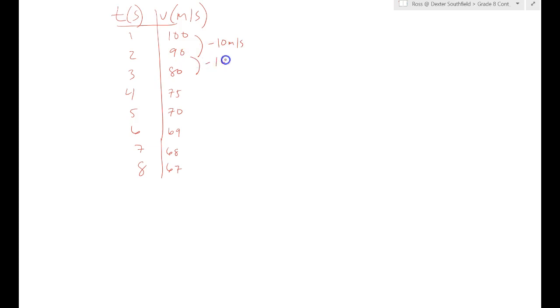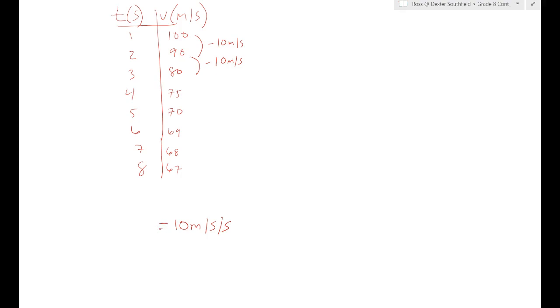They're going down. Our velocities are getting smaller by jumps of 10. So for there, we would write that our rate of acceleration is negative 10 meters per second per second. So we're still accelerating, but we call this negative acceleration or deceleration to talk about this negative sign, meaning that our speeds are going to get smaller.